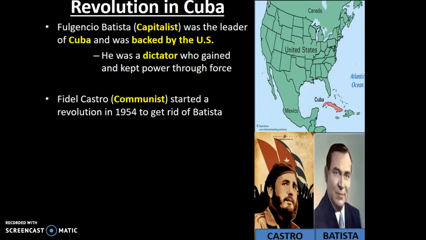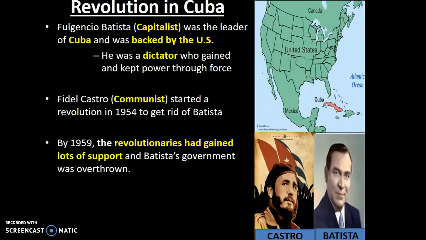And so in 1954, Fidel Castro starts to gain supporters and starts to talk about a revolution against Batista. By 1959, 5 years later, Fidel Castro has gained so much support, and his supporters, known as revolutionaries, have been able to spread his message that by 1959, Fidel Castro is able to successfully overthrow Fulgencio Batista's government.